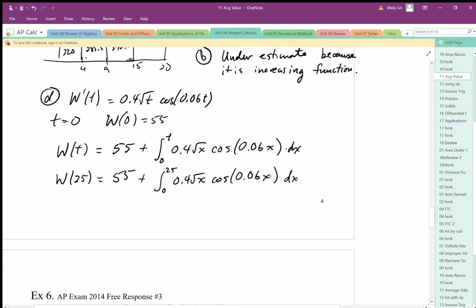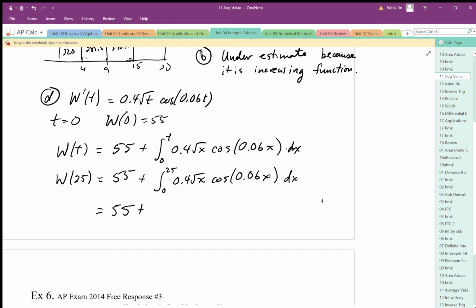Okay, 0.06, I think I got that in there. Okay, so I want to graph this. I want to find the area from 0 to 25. And again, this integral has to be done on a calculator. We can't do this without a calculator. So I'm going to use the integral.